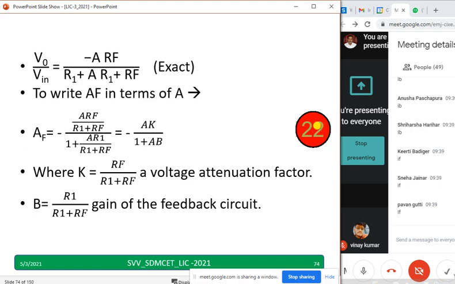Denominator is the same, R1 plus RF. Only 2 lines you are supposed to copy: AF equal to, K equal to, and B equal to. Take another 10 seconds. Then we will go to the next slide.